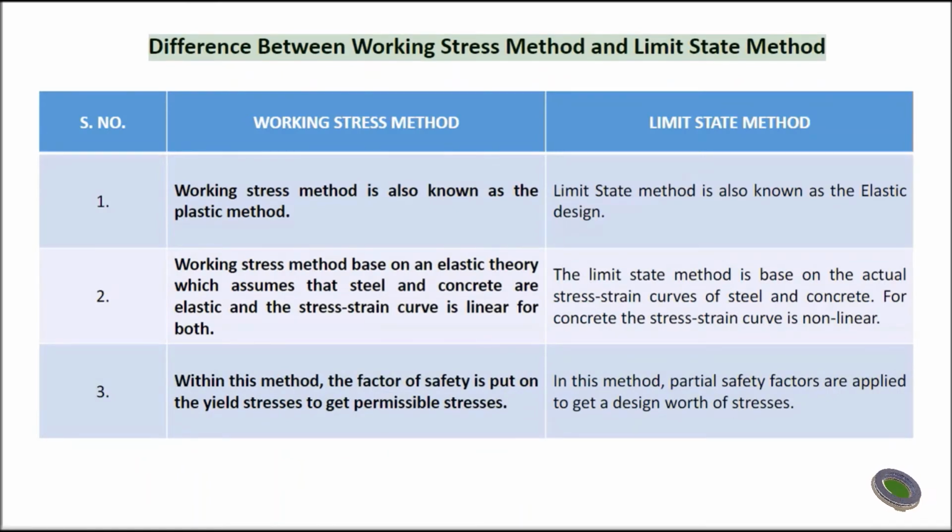Difference between working stress method and limit state method. Number 1. Working stress method is also known as the elastic design. Limit state method is also known as the plastic design. Number 2. Working stress method is based on an elastic theory which assumes that steel and concrete are elastic and the stress-strain curve is linear for both.